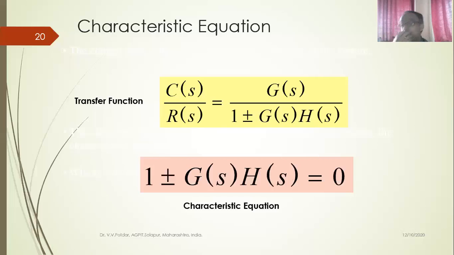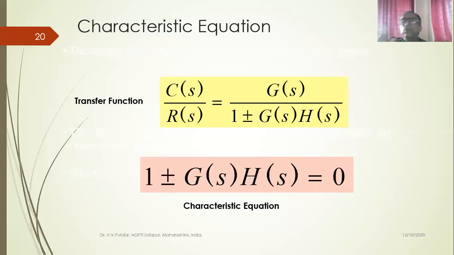What do you mean by the character of that system? Please be attentive and listen very carefully. When I get a polynomial in s, as I said, s square plus 3s plus 5 equal to 0, and I solve it, if it is a second order equation, I'll get two values for s.